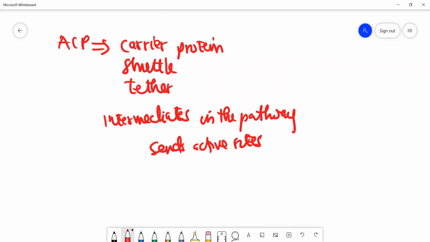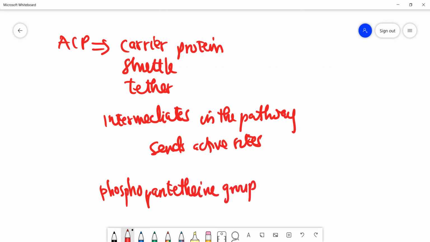It has what we call a phosphopantetheine group, to which the substrates or the intermediates are bonded. This phosphopantetheine has a sulfhydryl group bonded to it. This phosphopantetheine is from pantothenic acid.